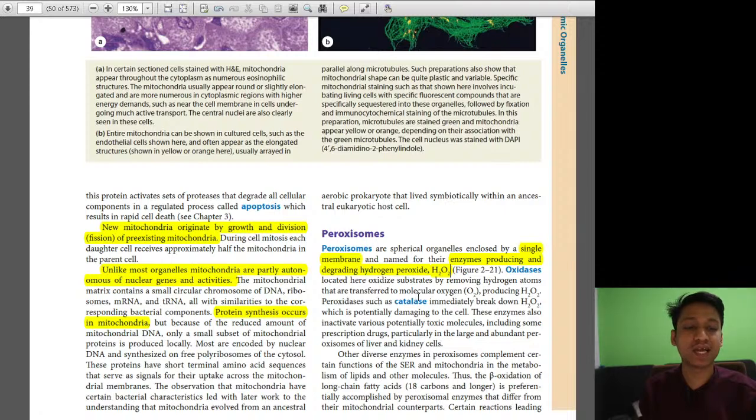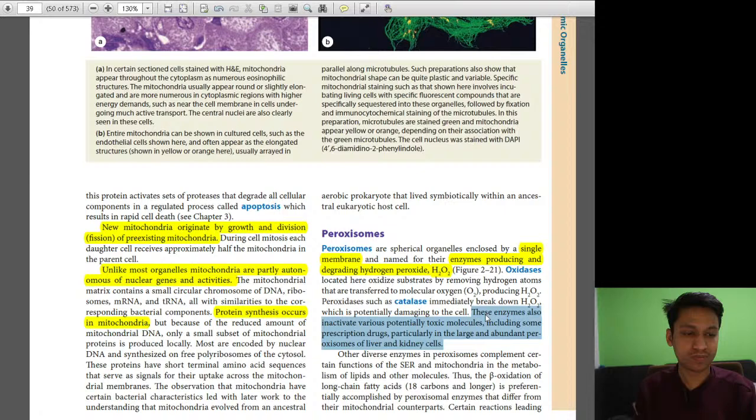Peroxidases such as catalase immediately break down H2O2, which is potentially damaging to the cell. These enzymes also inactivate various potentially toxic molecules, including some prescription drugs, particularly in the large and abundant peroxisomes of liver and kidney cells. We need to remember this function as well.